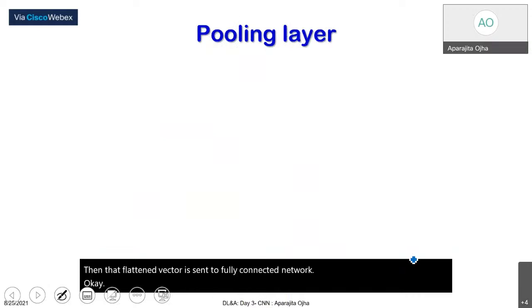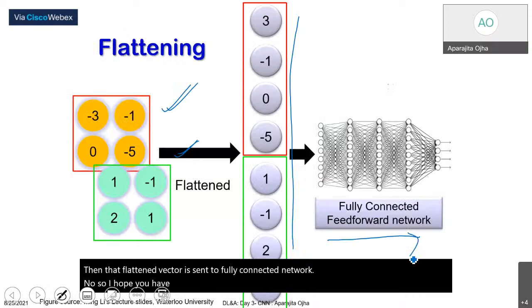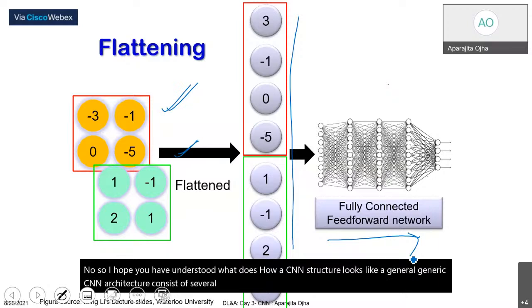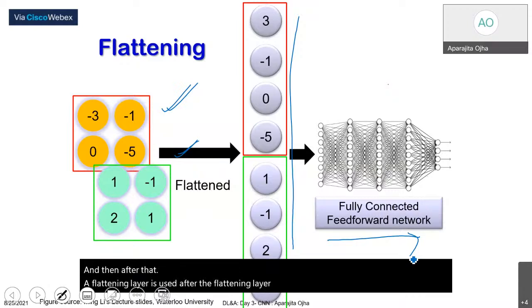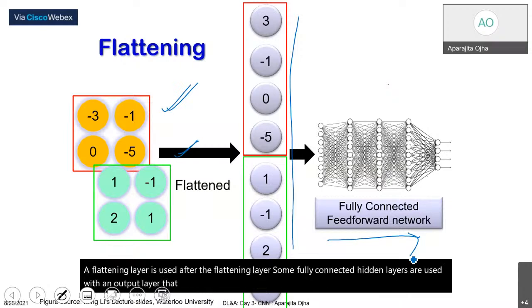I hope you have understood what a CNN structure looks like. A generic CNN architecture consists of several convolutional layers, and then a flattening layer is used. After the flattening layer, some fully connected hidden layers are used with an output layer that is also a fully connected softmax layer.